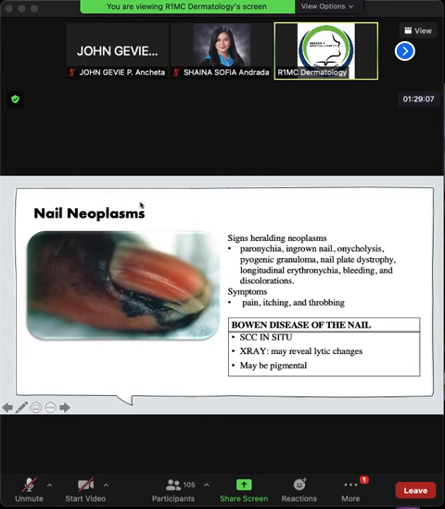So in patients with Bowen disease of the nails or squamous cell carcinoma in situ, imaging may actually show lytic changes.